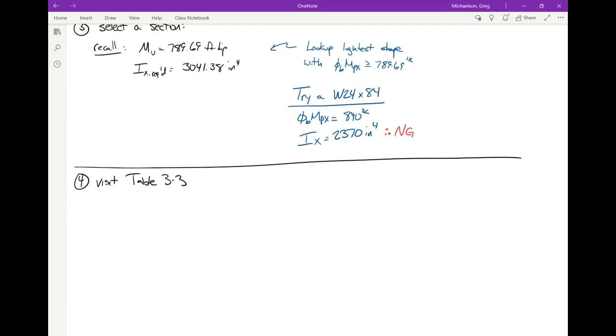So I'll go ahead and tell you I'm on page 3-28 and 29. Our IX required for this problem was 3041.38.